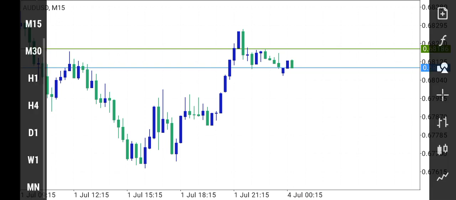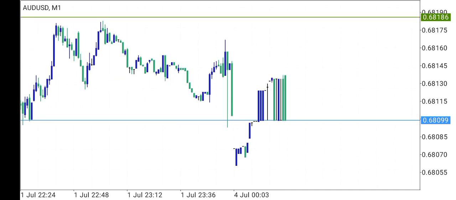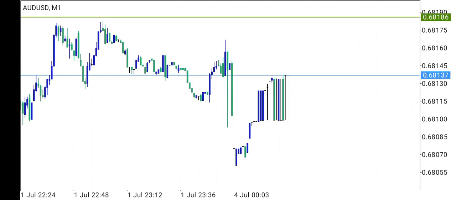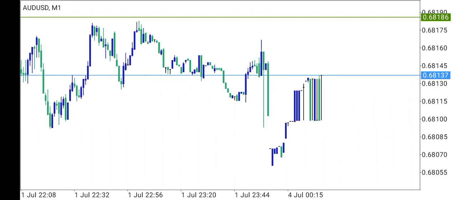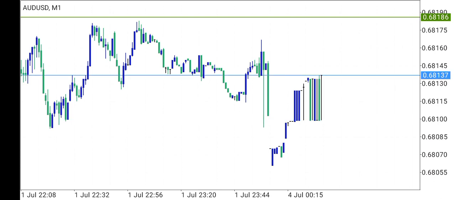But maybe if we get down to our 1 minute, we see what price is doing. See the gap. Price gapped down. It is ranging because it's not too advisable to take a trade by this time, but after this consolidation, brokers just use these periods to take people out. Price will go up, go down, move up, move down.